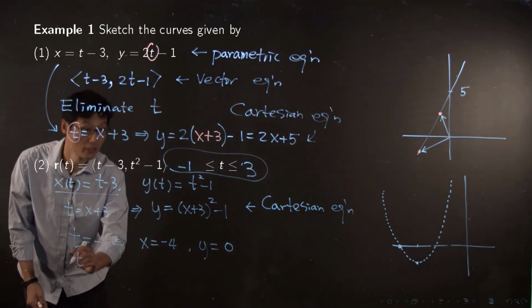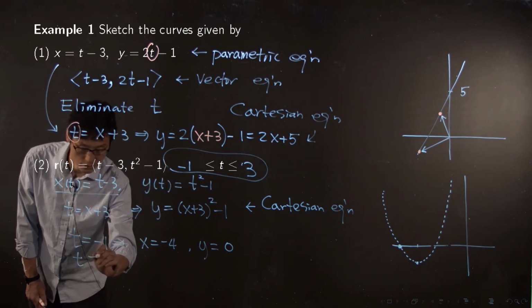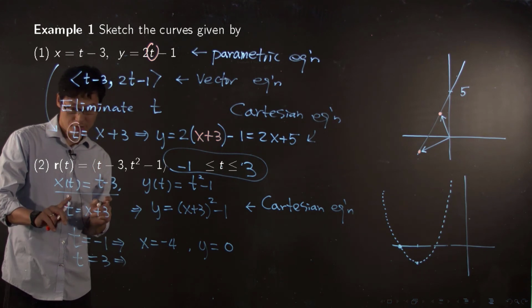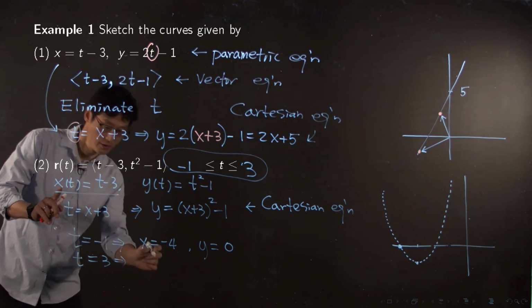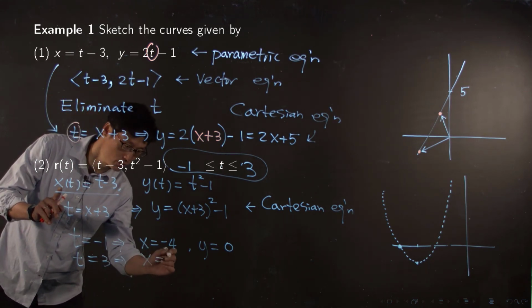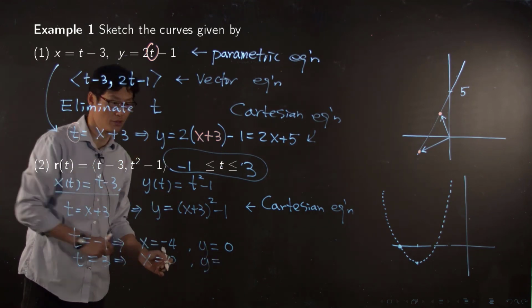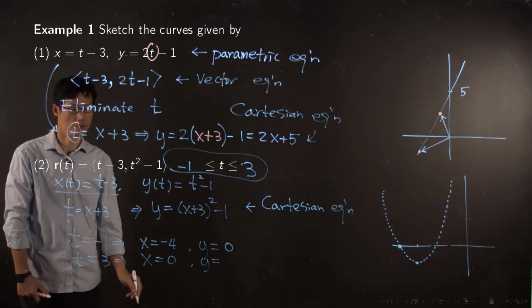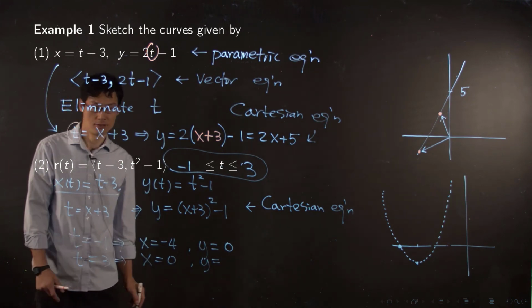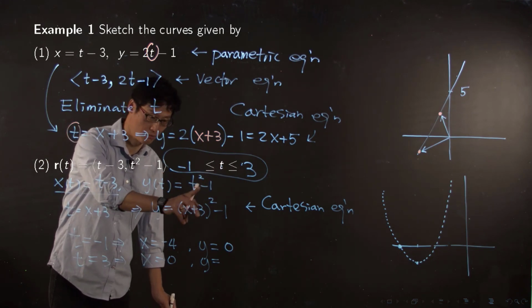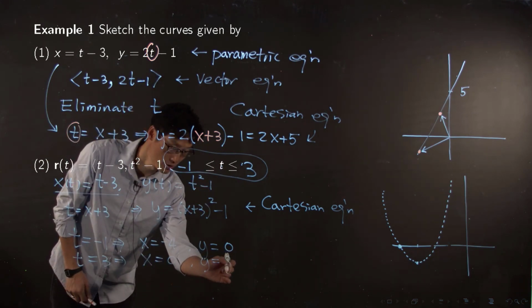And then if you plug in t equals 3, x is 0, and y is 9 minus 1, which is 8.